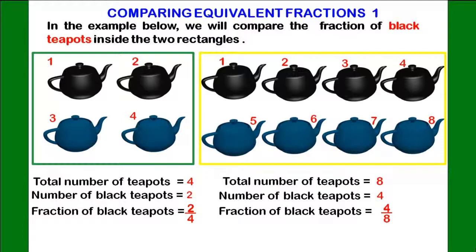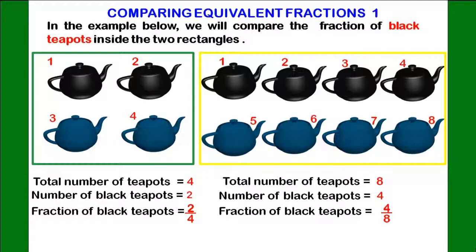Therefore, from the definition of fraction, we can say that the fraction of black teapots in the second rectangle is 4 over 8, where 8 is the denominator representing the whole teapots and 4 is the numerator representing the 4 black teapots.